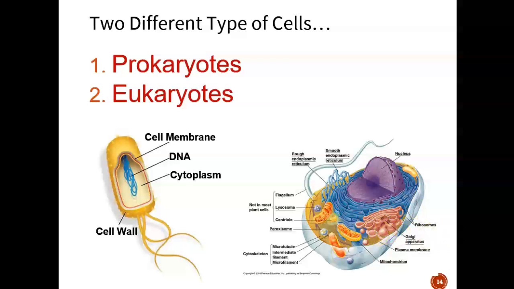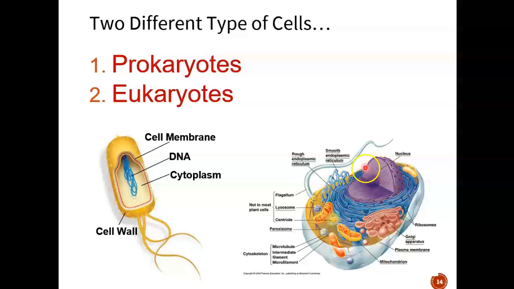But if you look over at the animal cell, the animal cell has this structure in the middle, which inside is where you'd find the DNA. Because look how complicated the animal cell is, or even a plant cell. But this is a eukaryotic cell. It's very complicated on the inside.